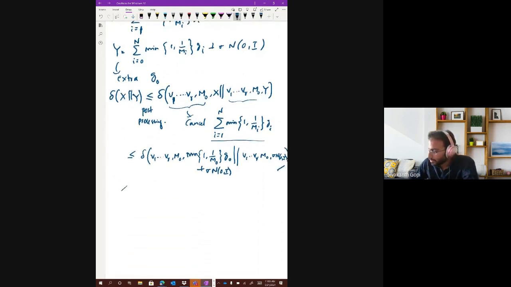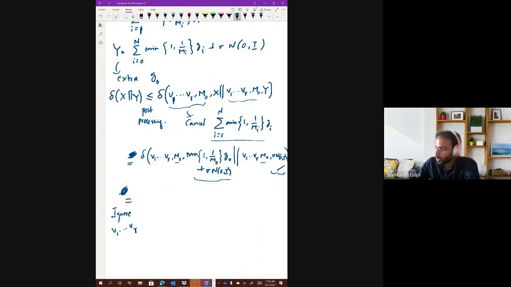Now this is an exact equality. I want to claim that you can ignore V1 to VR, because the only way you can distinguish between these two is to look at the last coordinate, and the last coordinate is only influenced by M0.